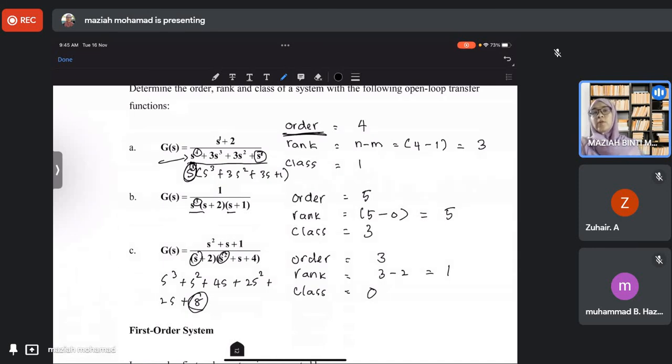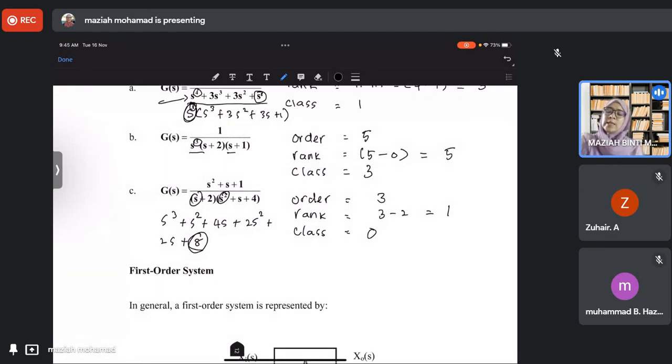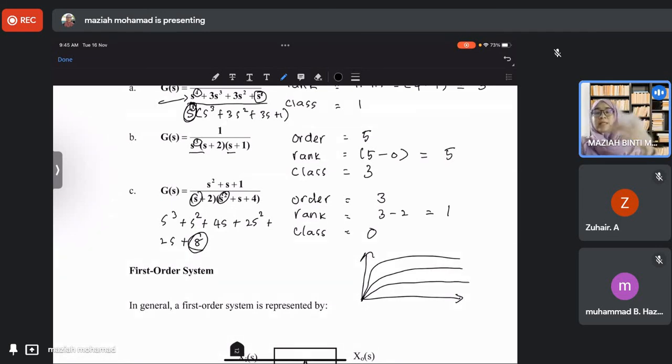By knowing the order of the system, we will be able to predict the behavior. For example, when we talk about first order system, we directly know that it will behave like this, maybe like this. There are some parameters that help us determine the final value and how fast it responds.